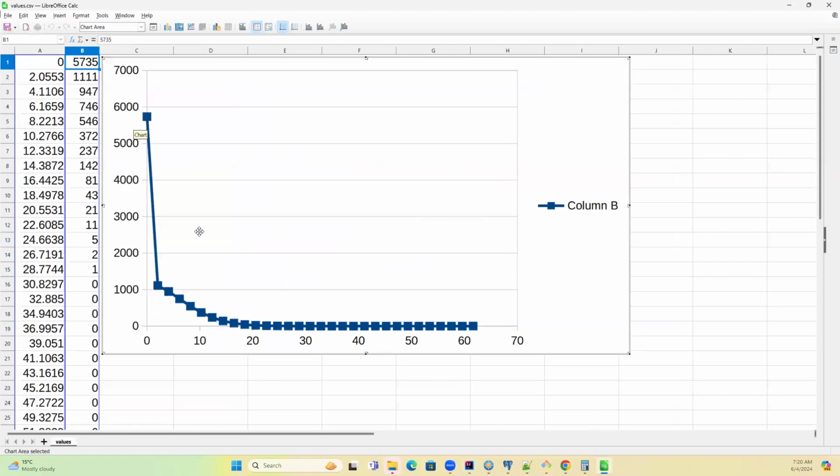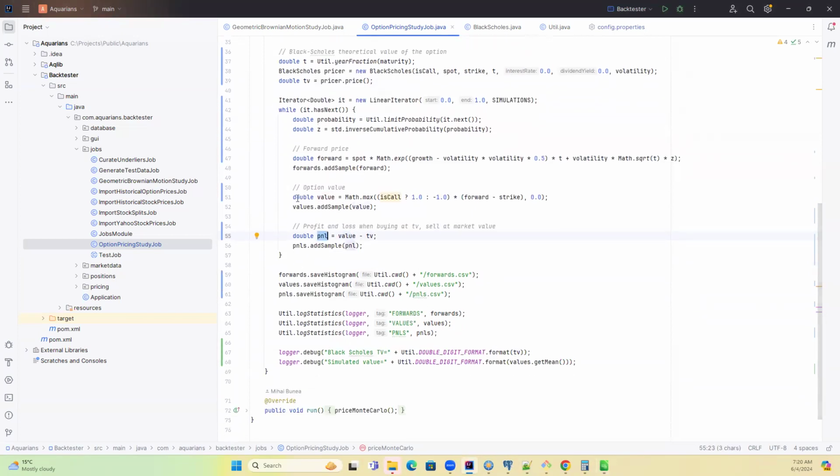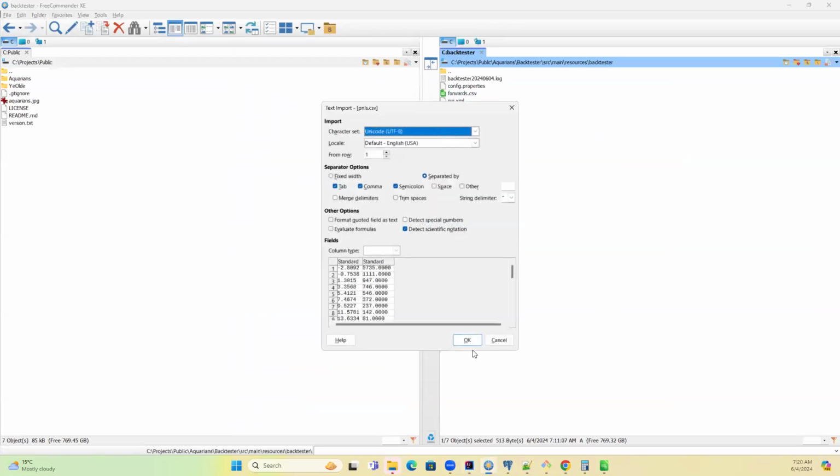Sometimes we win 0, sometimes we win, I don't know, 40. So this is the P&L. We are also plotting the P&Ls, and the P&L should be 0 on average because we are buying at the average price, and eventually we are going to also realize the average price. So let's look at how the P&Ls look.